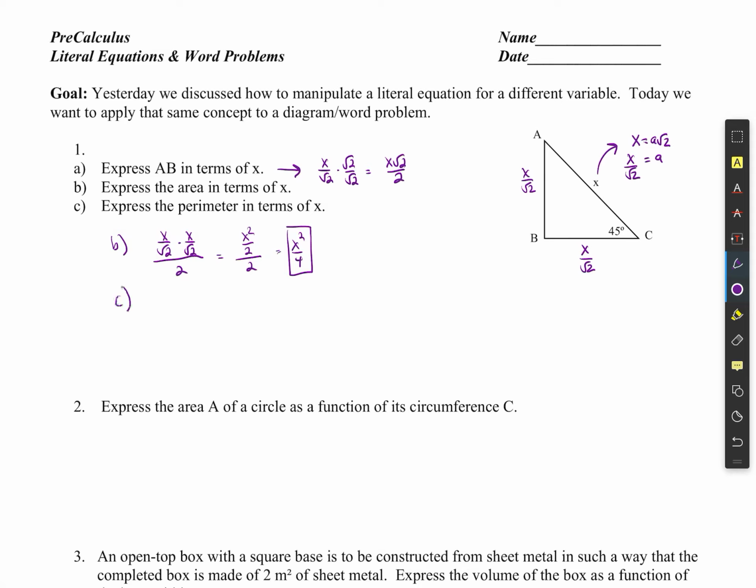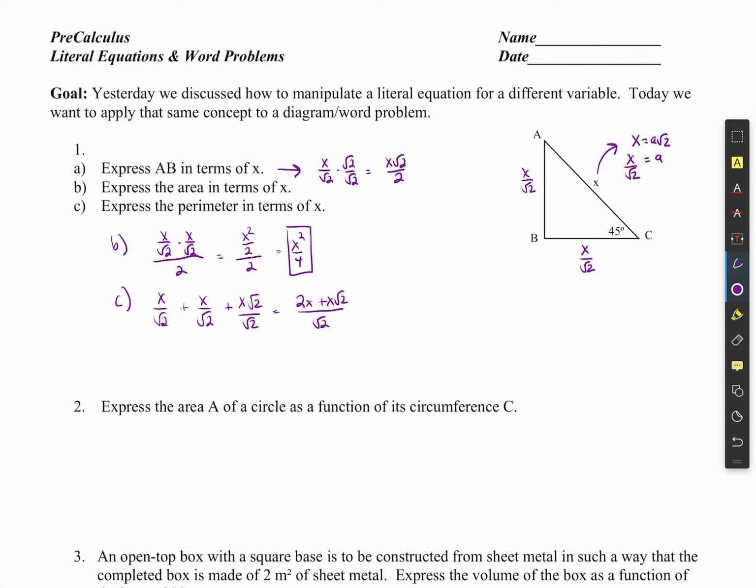Perimeter, we add the 3 sides. So we have x rad 2 plus x rad 2 plus x. Common denominator, x becomes x rad 2 over x rad 2. This gives us 2x plus x rad 2 over rad 2. And so, is that acceptable?